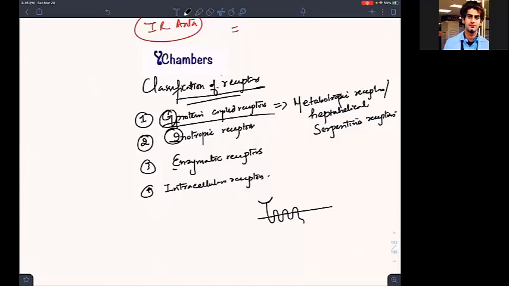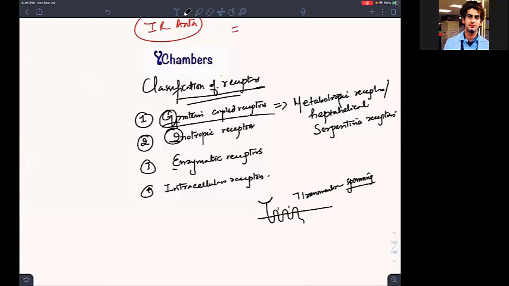So they have 7 transmembrane spanning segments. Their segments span the transmembrane 7 times. That's why they are called so.